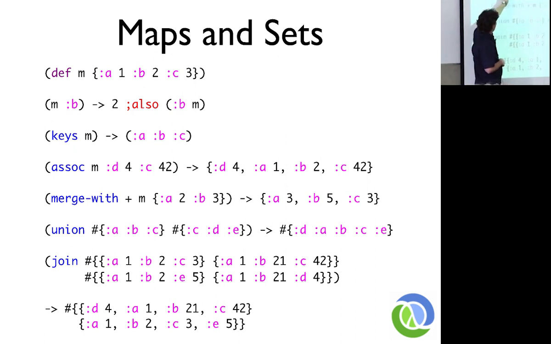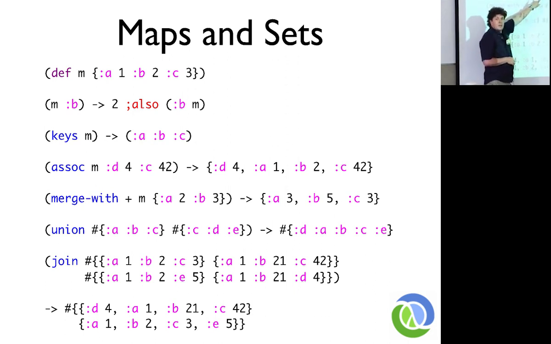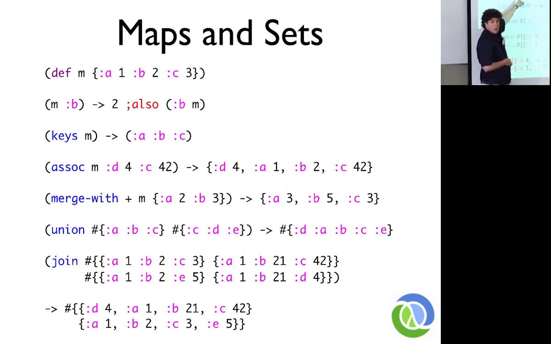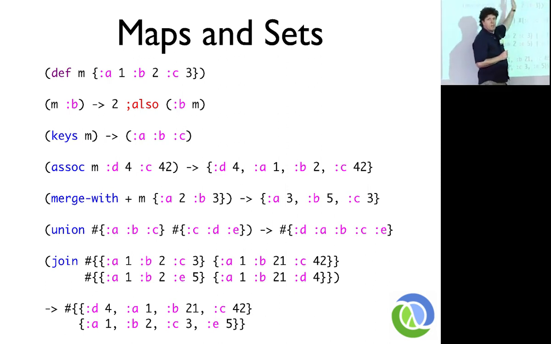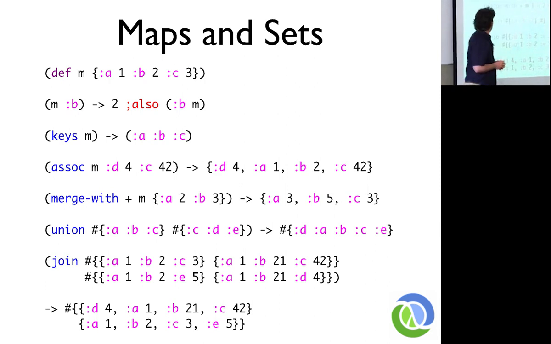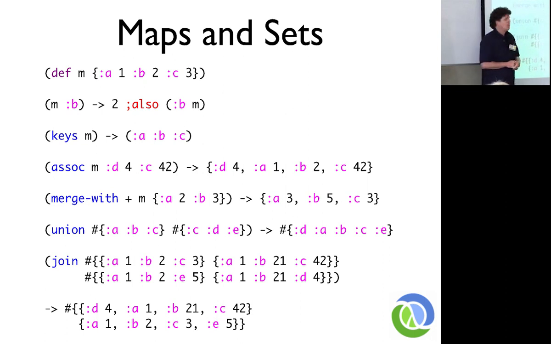Associate or assoc is the way you would associate new keys and value pairs with an existing map, and you get a new map. M is not changed by that. And there's some really nice functions, right? You need to walk through a bunch of maps and increment counters per key. That's it. Merge with plus.